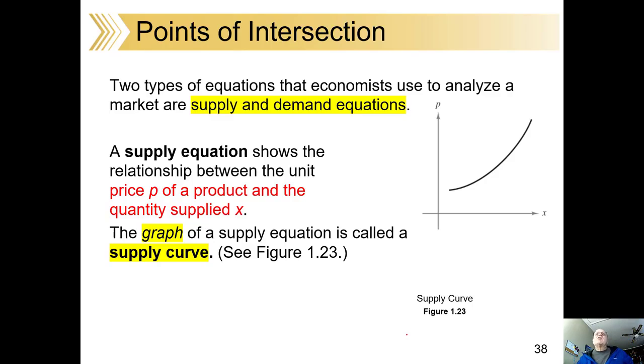So two equations that you're going to see quite often are the supply and demand equations. The supply equation is the relationship between the price of a product and how many are supplied. P for the price, the unit price, and how many items there actually are. The graph is called a supply curve. It involves price though. Sometimes that's called the price curve.